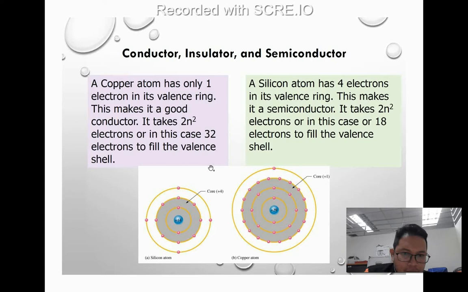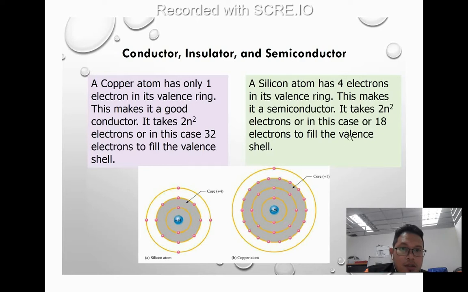When we compare with silicon, the outer valence shell has 4 electrons, so it acts as a semiconductor.